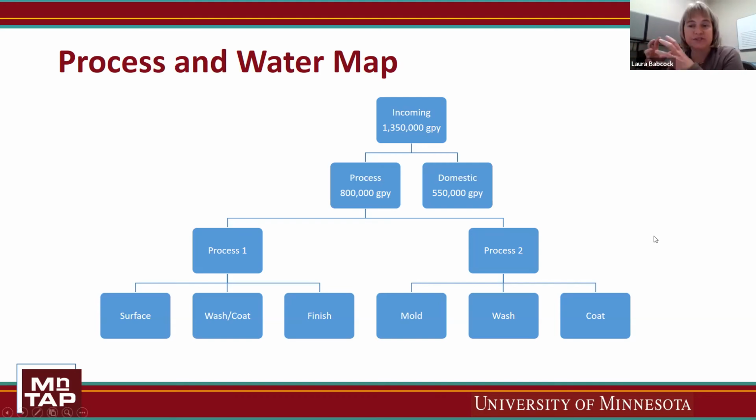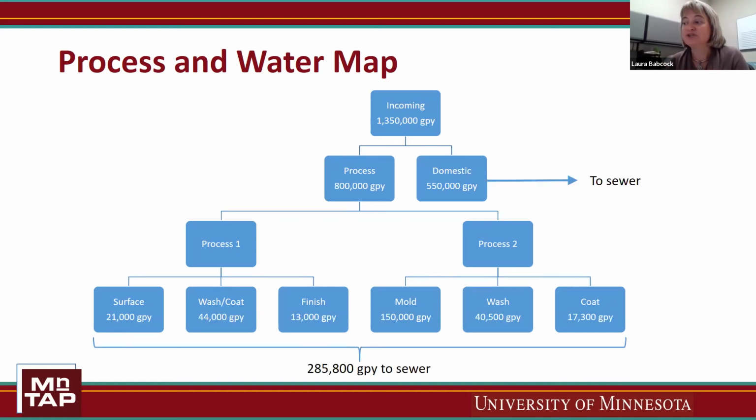We really wanted to start with that map part of the process and make sure that we understood where all the water was going. And what we should have learned was that we did not know where all the water was going based on our preliminary map of the process. That was a key takeaway, that we're missing water.